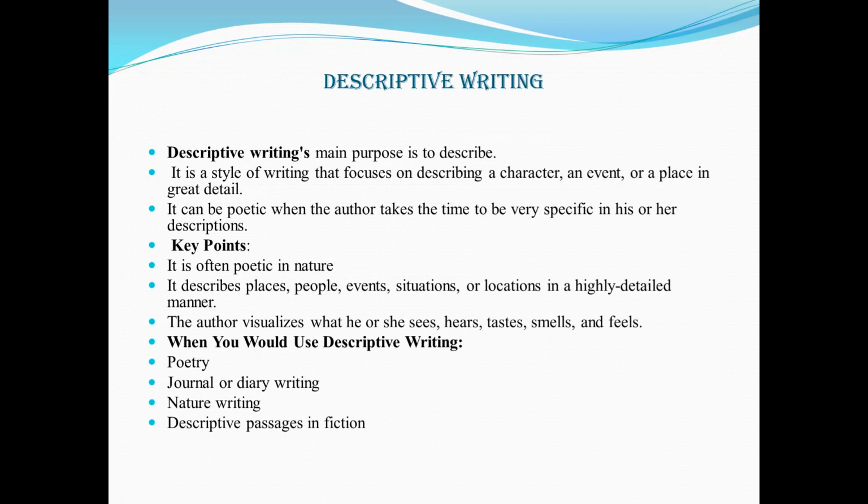Okay, it can be poetic when the author takes time to be very specific in his or her descriptions. And it is often poetic in nature. It describes places, people, events, situations, locations in a highly detailed manner. That is called descriptive writing.